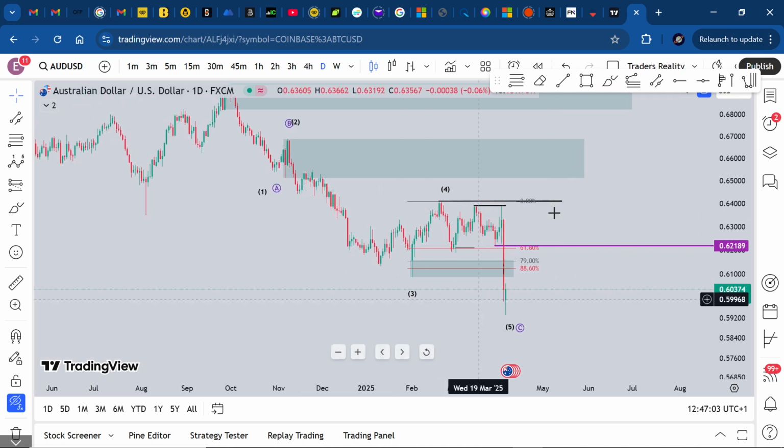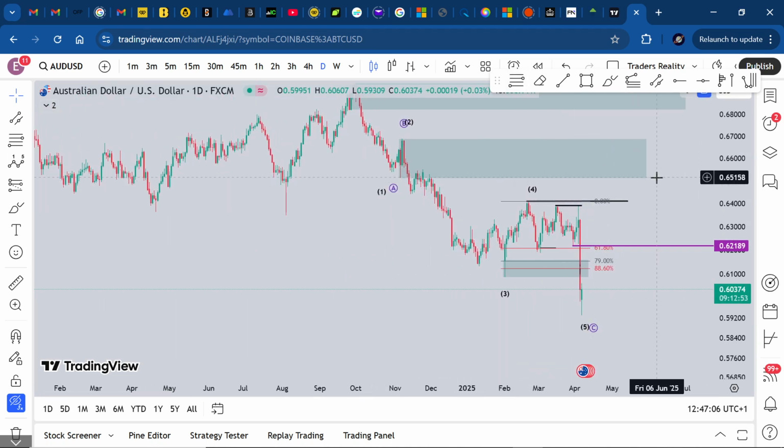Here seems to be trying to begin a new bullish trend potentially.